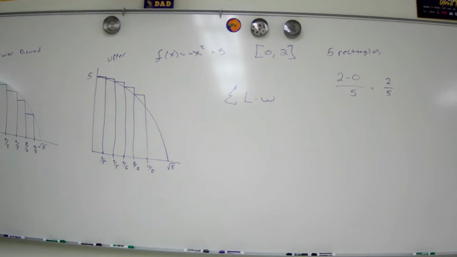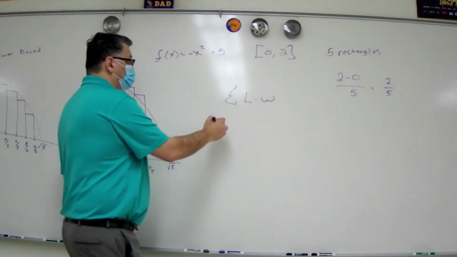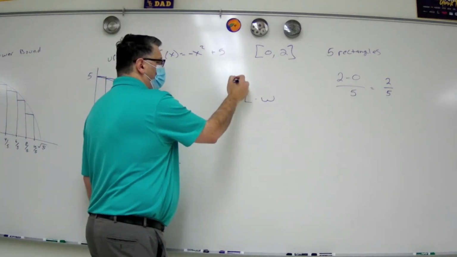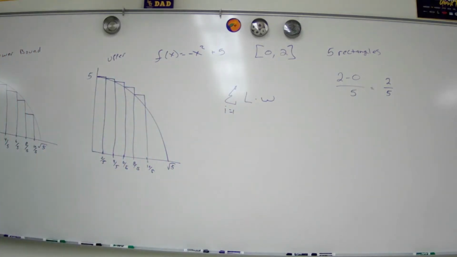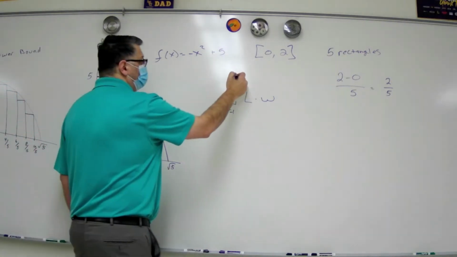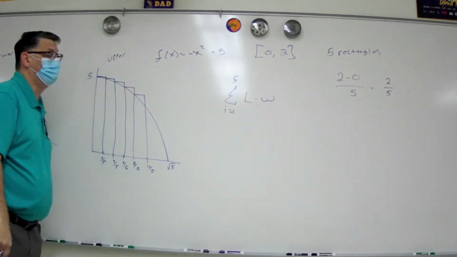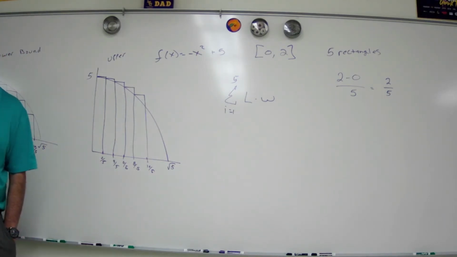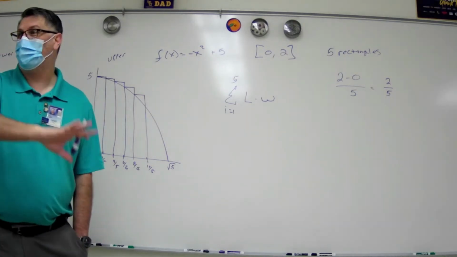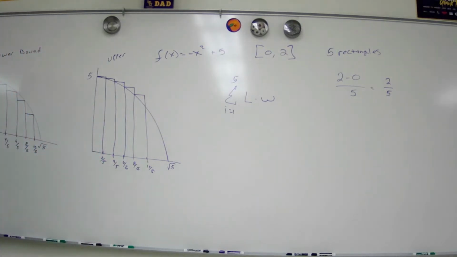And then I want to have something like i equals 1, and then what do you think my top number is going to be? How many rectangles do we have? So my top number will be 5. Okay, cool. Let's make length times width a little bit more calculus friendly, because length times width is just too easy to understand, so we got to make the whole rest of the world not understand it.